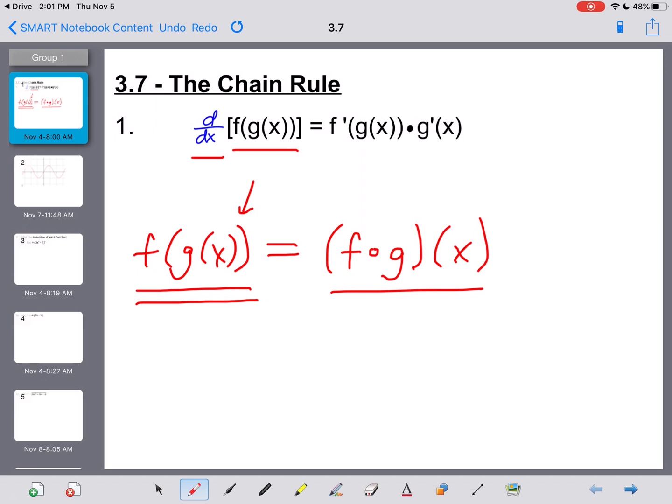If you were given two functions, f of x and g of x, and you were asked to do their composition, what you're going to do is take your x value, whatever that x value is, and plug it into the g of x function first. Then the output of g of x is going to become the input into your f of x function.